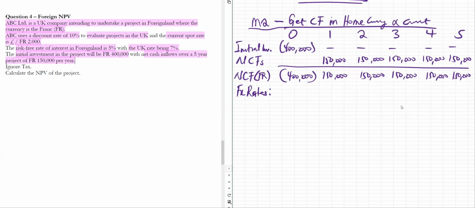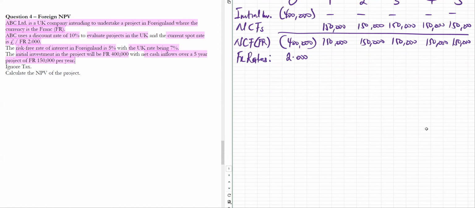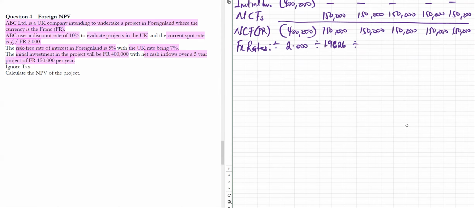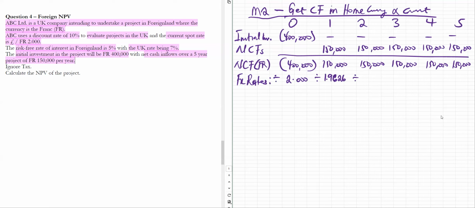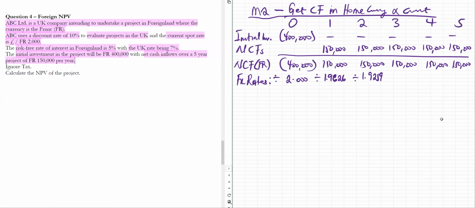So we know that in year zero, it is 2 franc, right? In year one, it was 1.9626. So we are dividing, right? So this one divided by 1.9626. Okay, this one, we are dividing again by 1.9259. Then we are dividing again by 1.8899.